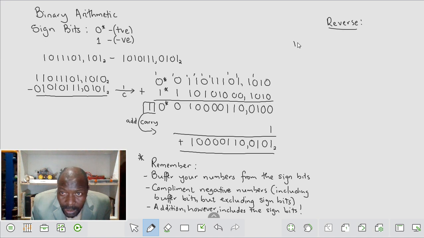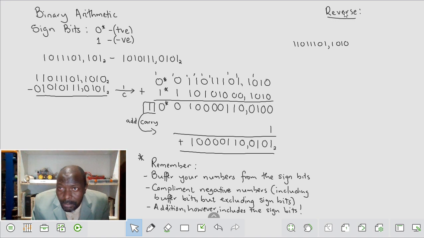The top one is 1, 1, 0, 3 ones, 0, 1, comma, 1, 0, 1, 0. I'll take that part and move it up. Previously I was subtracting the other one. Now I'm going to subtract this one here.